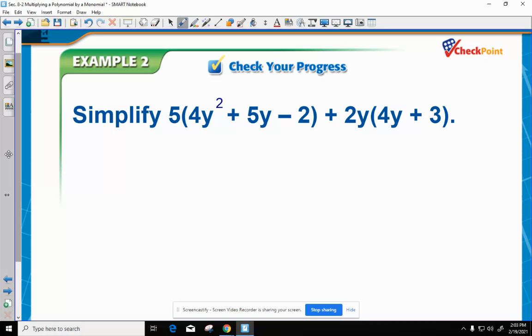After you're done distributing, you should have 5 parts. But your final answer should only have 3. That's why it's a trinomial.